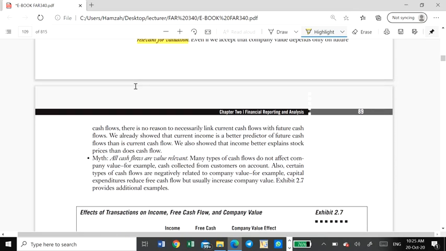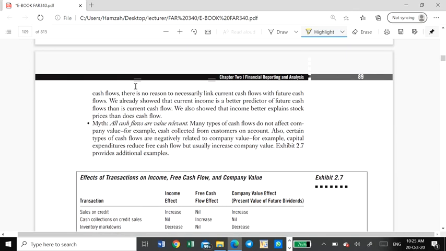Kenapa? Tak semestinya, sebab current income is a better predictor of future cash flow than current cash flow. Okay.